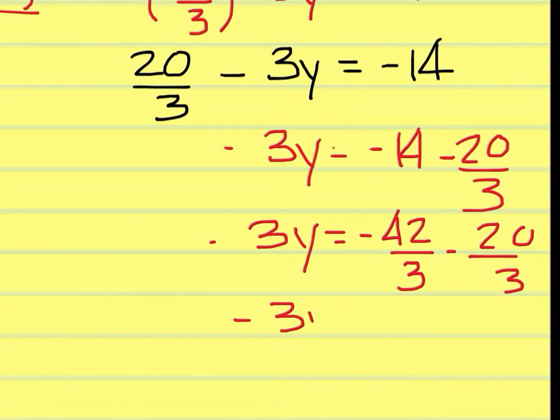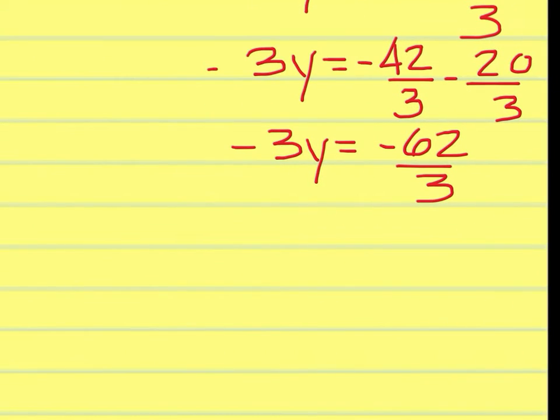And now I have to subtract. -42 minus 20 is -62. And I have to divide -62 over 3 by a -3, which is the same as multiplying by a -1/3.